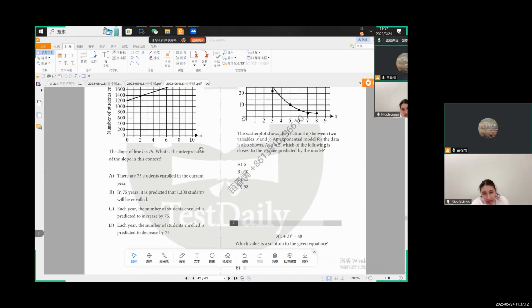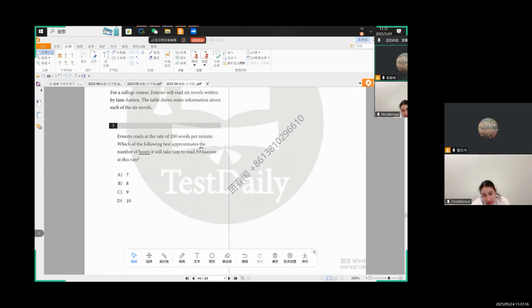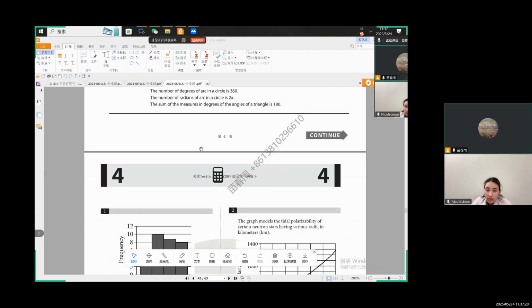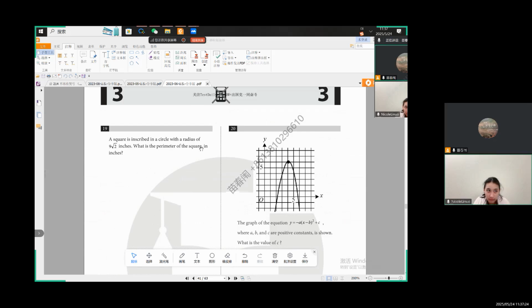Where's the geometry? For this one. So that FC is 20. What? I think it's just 6.